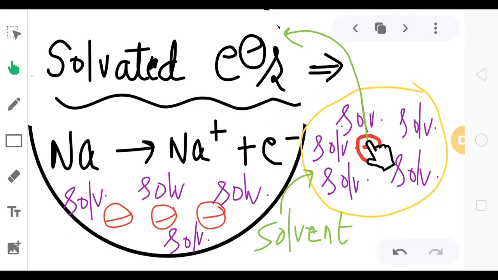Here I am showing the electron surrounded by solvent molecules, and overall we say this is a solvated electron. SOLV is the short form of solvent, which is why I have written it here. This solvated electron will reduce our substrate.